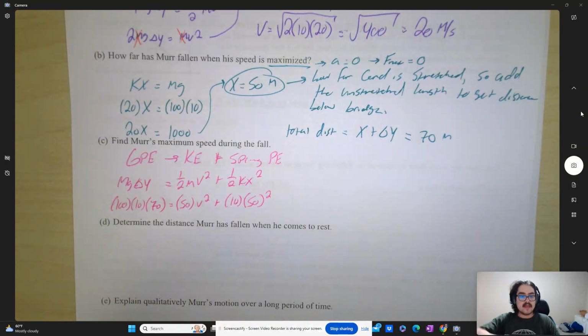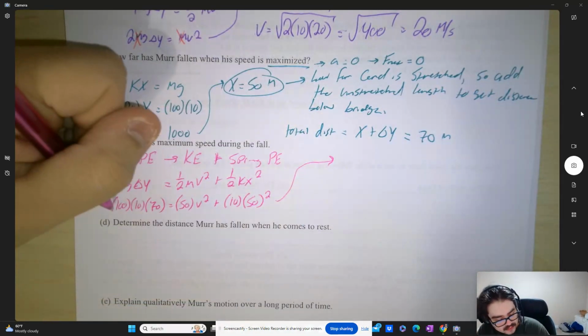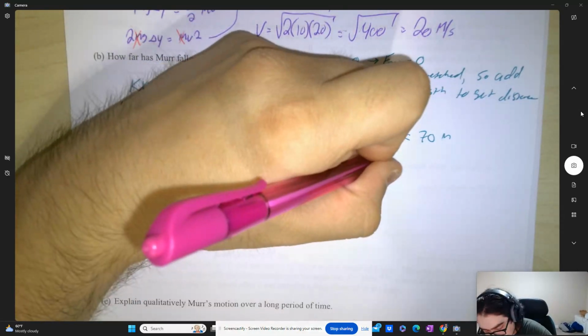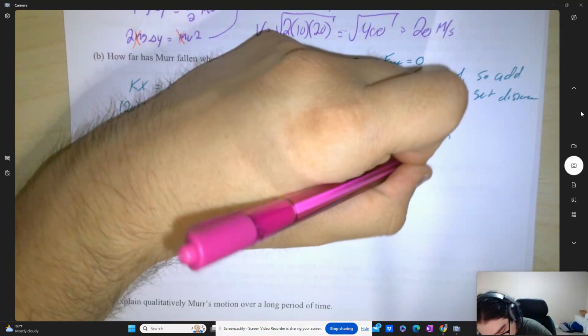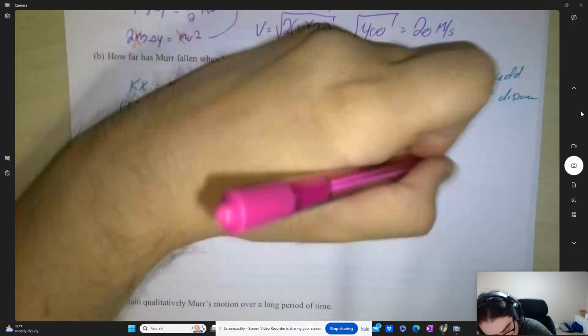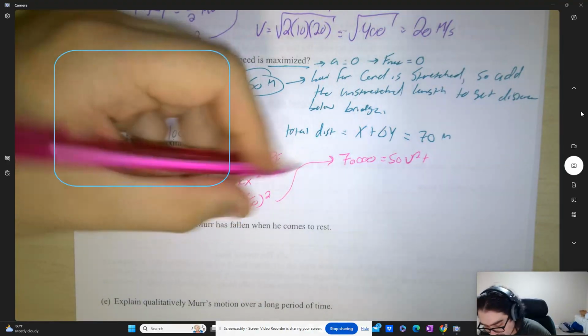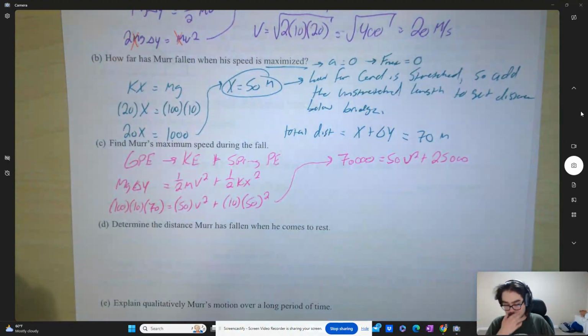This is going to give you some really big numbers. 100 times 10 times 70 gives you 70,000, set equal to 50 v squared, plus 10 times 50 squared, which is about 25,000.